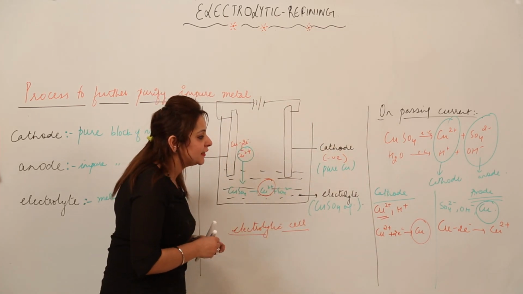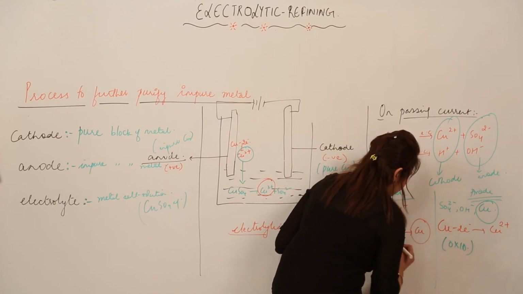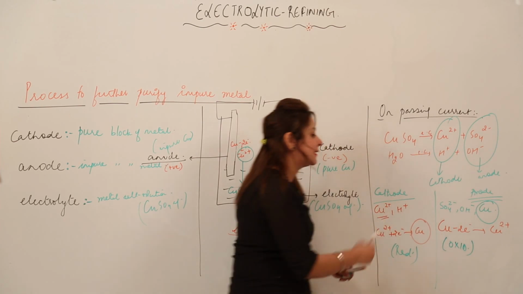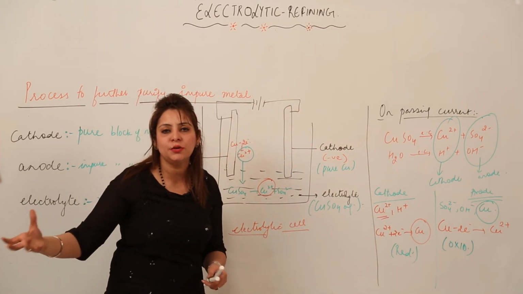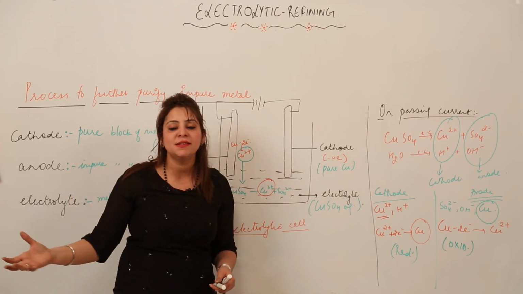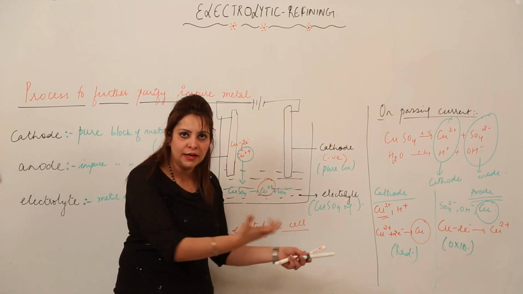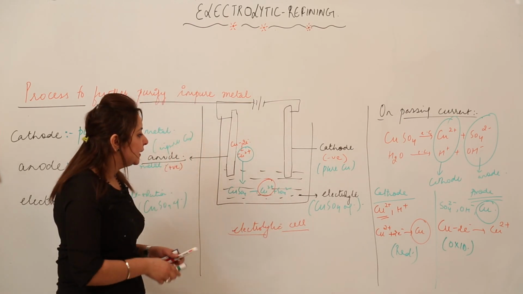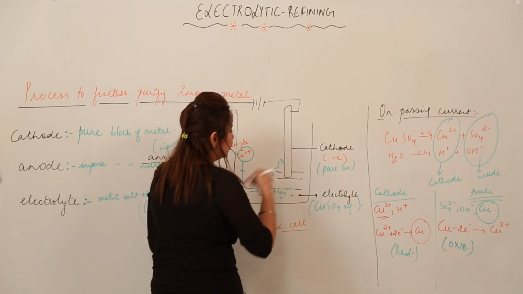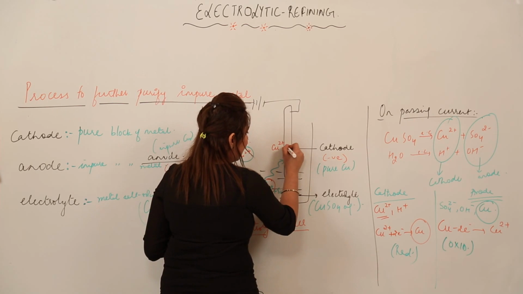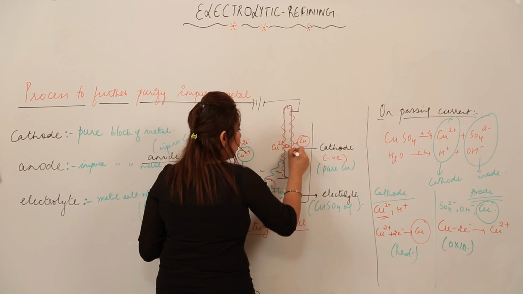So this is this kind of reaction, that means the oxidation takes place at anode and the reduction takes place at cathode. Right, you know that the same reactions which we were doing in electrolytic reduction, in the basic electrolysis, or you can say in the plating, the same ones are applicable here as well. So that means these Cu2+ ions move here, and what they do is they just gain their electrons back, that means reduction, and this will get coated with the pure copper.